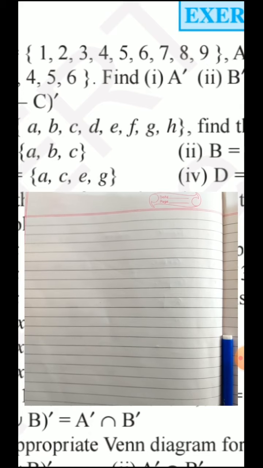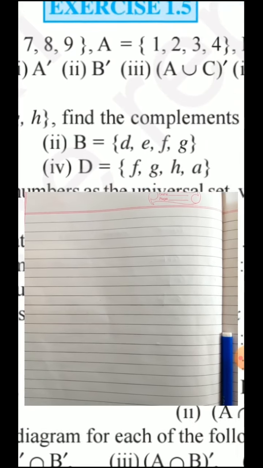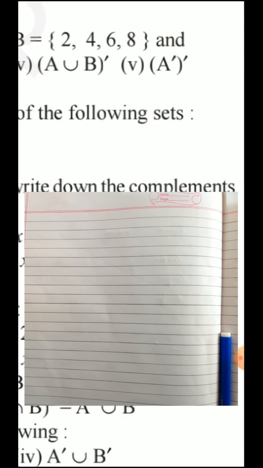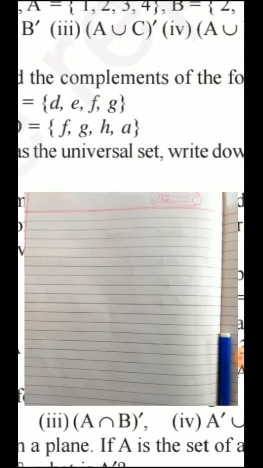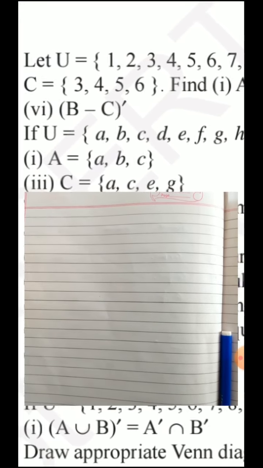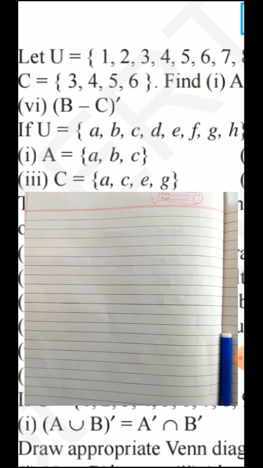Find A dash, B dash, A union C dash, A union B dash, and A dash over dash, means A complement over complement. We have to find this. Okay. And B minus C whole complement.